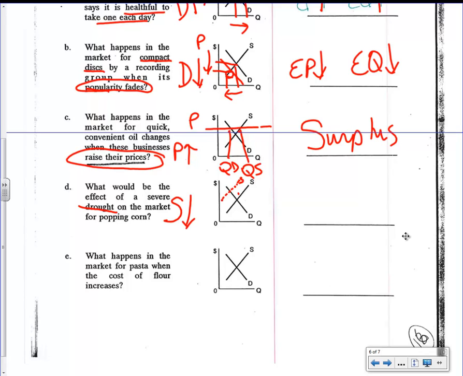So that says we're going to shift that supply to the left. New equilibrium price, old equilibrium price. So the price went up. Old equilibrium quantity, new equilibrium quantity. The equilibrium quantity goes down. So price rises, quantity falls. Here's our new equilibrium.